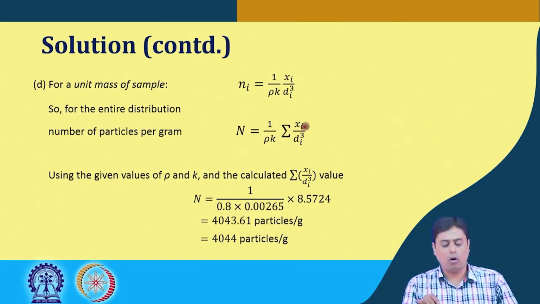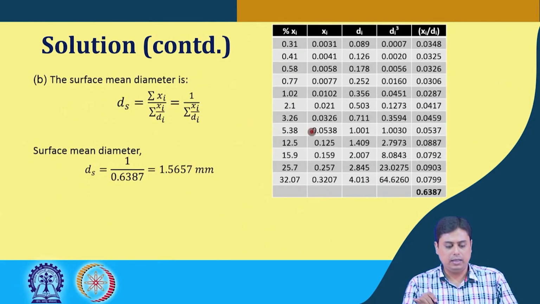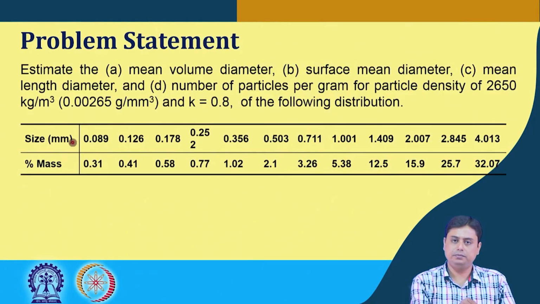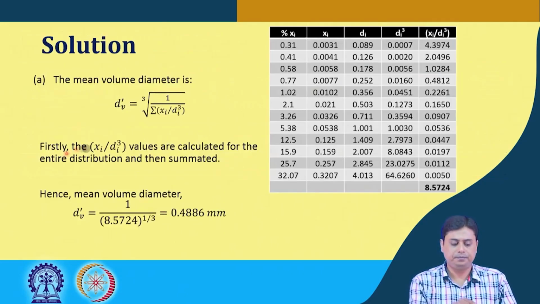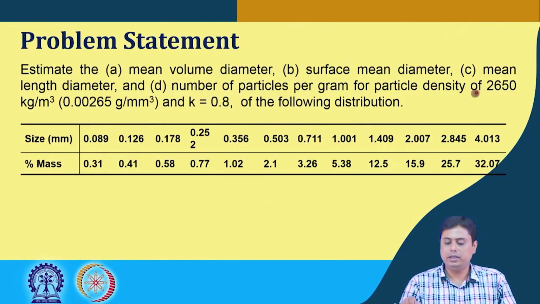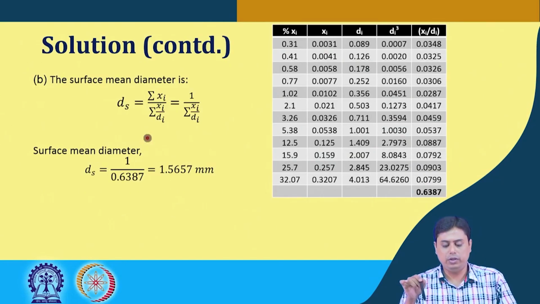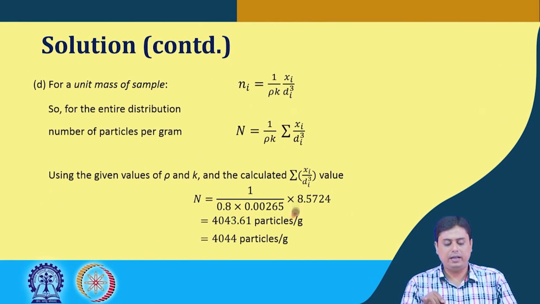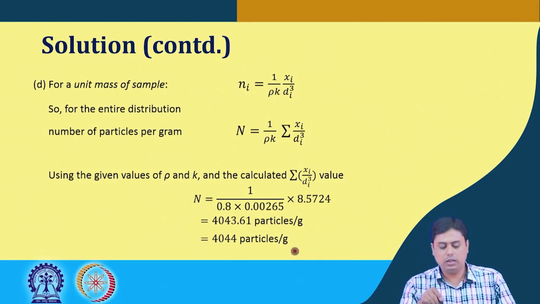The di values are given in millimeter, but the density was given in kg per meter cube, which could have been converted to gram per millimeter cube. If we do that, then we can directly write this expression and find the number of particles per gram, that is, per unit mass. This is the total number of particles in that mass.